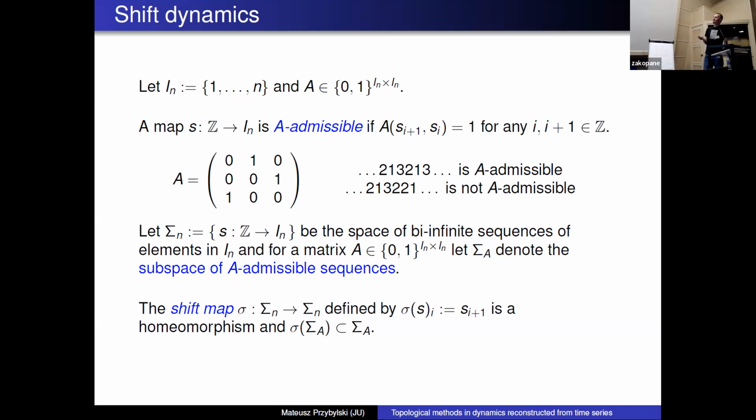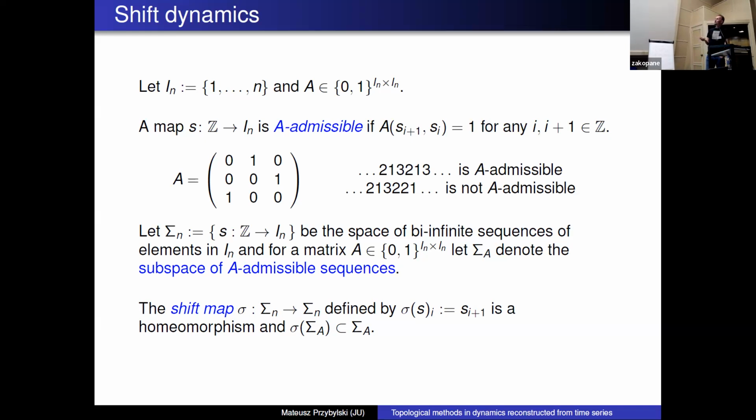So let's pick a finite set of symbols, and let A be a matrix with 0, 1 entries. We call a map A-admissible if it obeys this matrix.